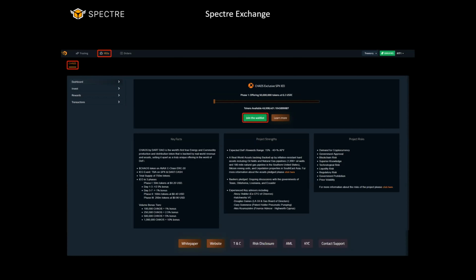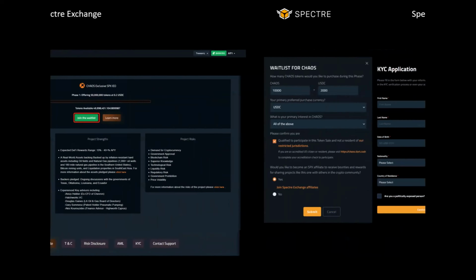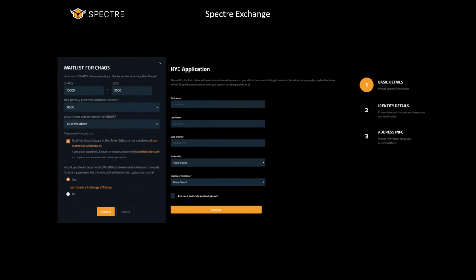For IEOs that are not yet live, you will see the join the waitlist link here, which will take you to a different screen where you can input your data, how many tokens you would like to receive, and some other information that the Chaos team wants to know as well. Also, on this slide, you can see the basic KYC information that will be requested from you.